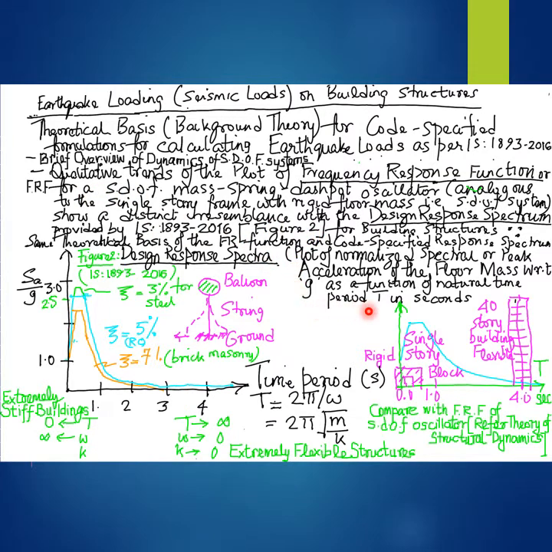as a plot of the normalized spectral or peak acceleration of the floor mass of the single degree of freedom mass spring dashpot system, which is the idealized analogy for a single degree of freedom building structure or a single story frame with a rigid floor mass, as shown in the overview of the theory of structural dynamics of single degree of freedom structural systems uploaded on the Impartus link of the Moodle website.